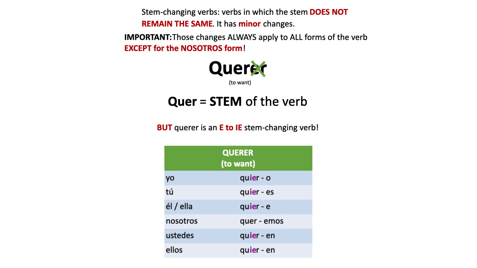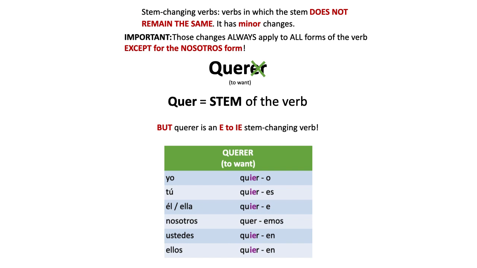So the very name of the type of stem changing verb tells you what kind of change you need to do, okay? I have the stem quer, but I change the stem to quier, right? QUIER instead of QUER, right?